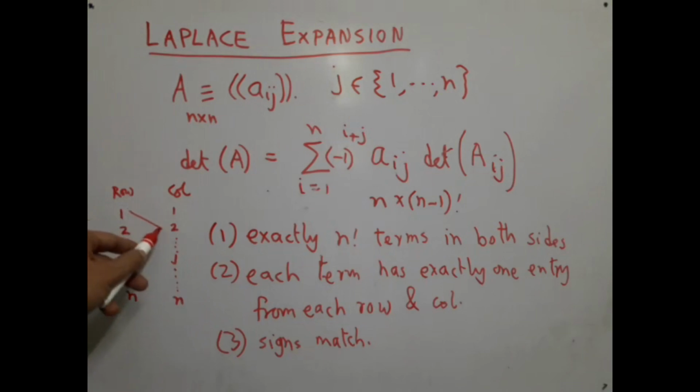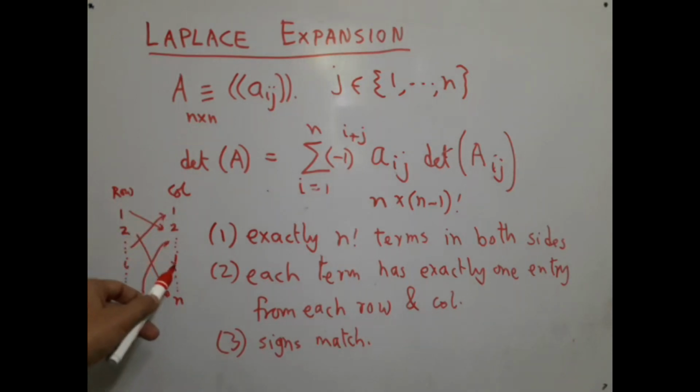So possibly 1 goes to 2, 2 goes to n, this goes to here, that goes to there, and things like that. So all the other things other than i will have an arrow coming out of it, and all the numbers here except j will have an arrow coming into it. So we know that all the other rows and columns have been represented, that is, there is exactly one entry from them.